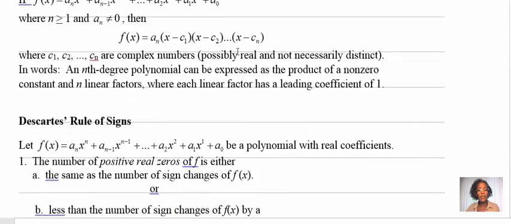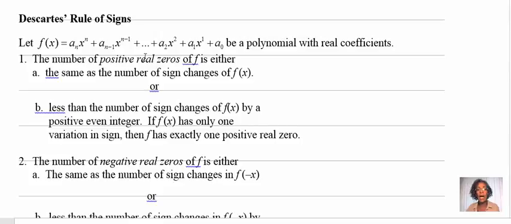In the Descartes rule of signs, the coefficients just need to be real numbers, so those don't have to be integers in this case. So what this theorem allows us to do is to understand how many positive real number zeros the function may have and how many possible negative real zeros the function may have.